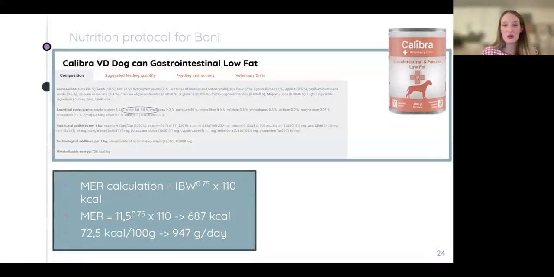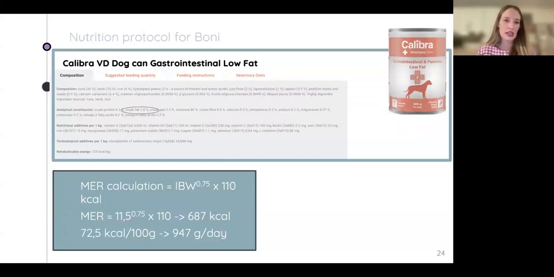Here, I wanted to include that because with those patients where we want to follow up their weight gain, it is a good thing to calculate the energy requirements by yourself, and then you can increase them and understand if that dog is gaining weight, or if it's not, is it the problem of the energy intake?